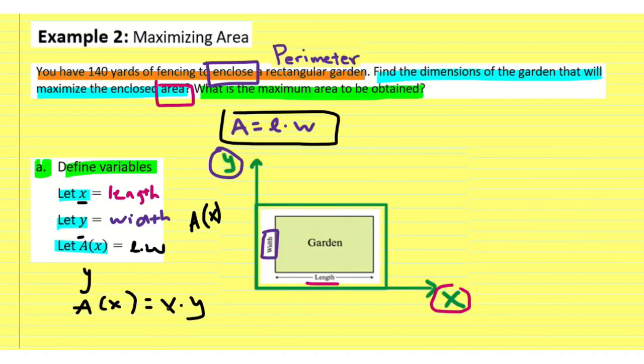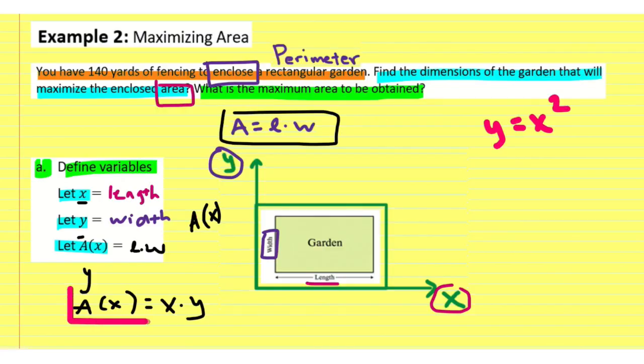X times y. However, if you remember from our previous discussion, quadratics are going to help us with areas. So I want you to remember that a quadratic, which is y equal to x squared, is going to help us ultimately with our area.